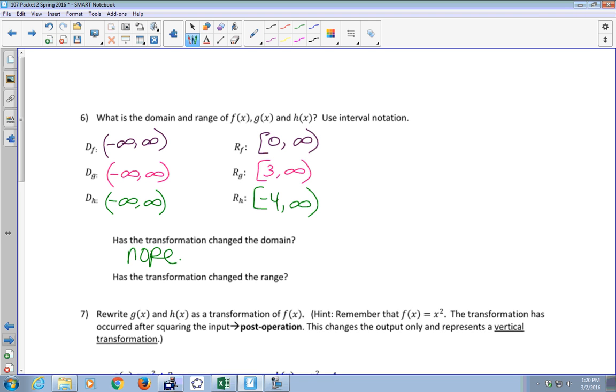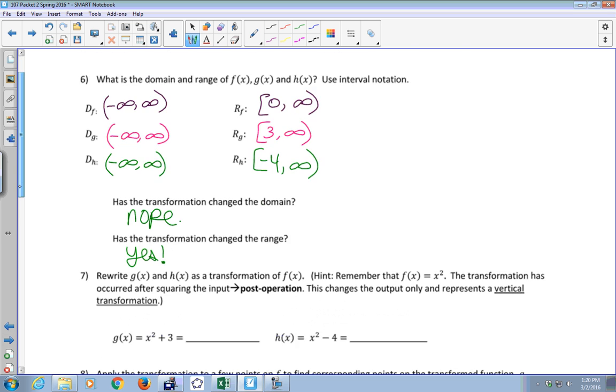Did the ranges change? Yes. Okay. And range describes y values. So what we did was we created a vertical change in the graph, and vertical changes in the xy plane are described by y values. And the range has changed, which is a description of y values.